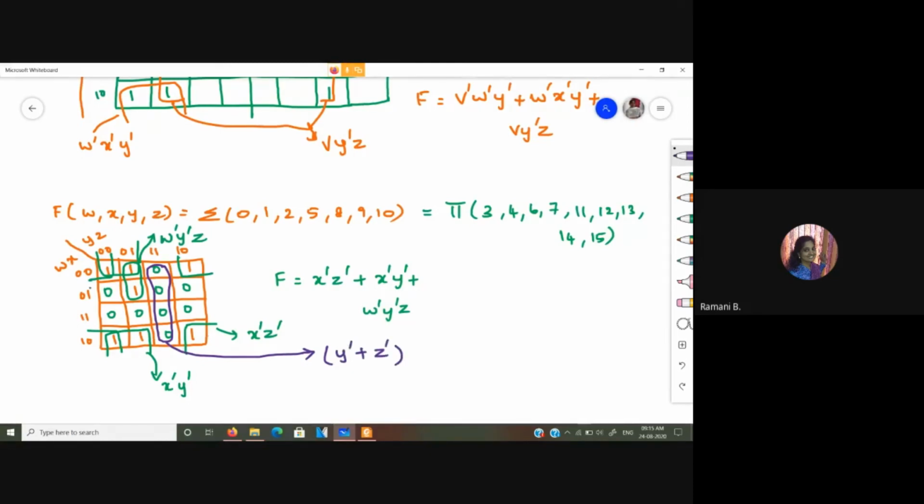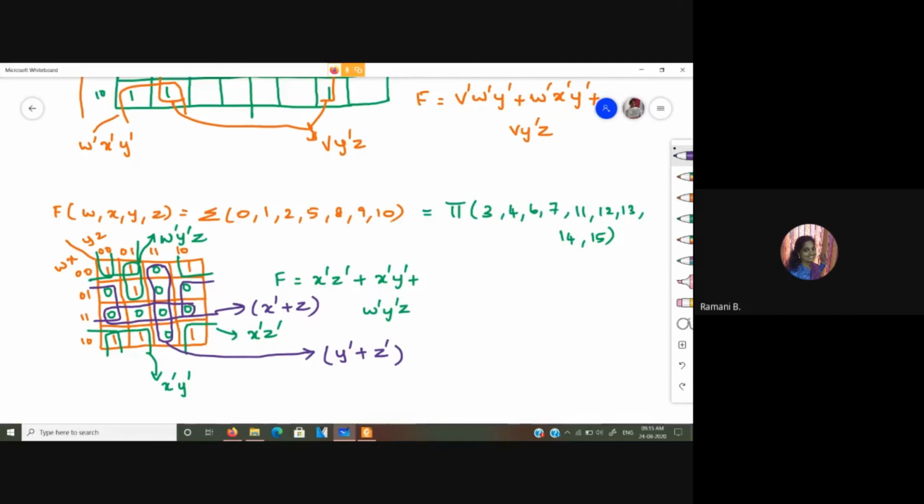Then I can form a quad with these. So here, X is equal to 1 is common in these two rows and Z is equal to 0 is common in these two columns. So X bar plus Z, and here I have a 0 over there.